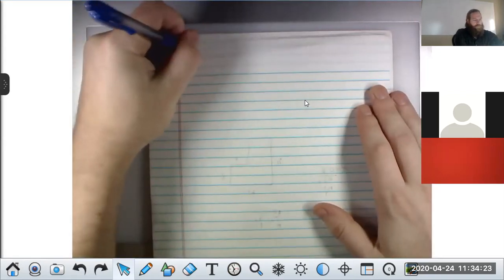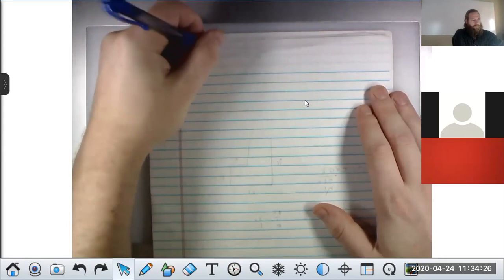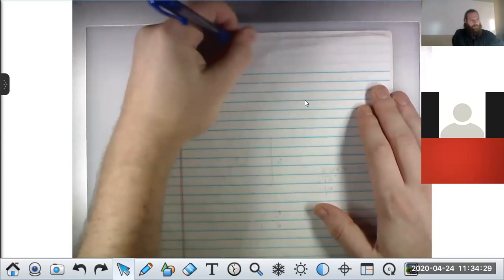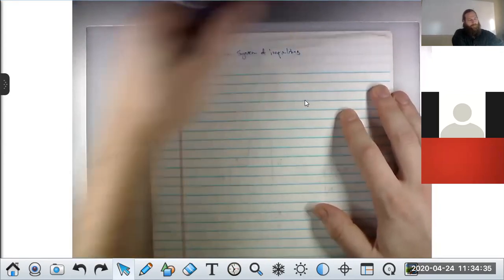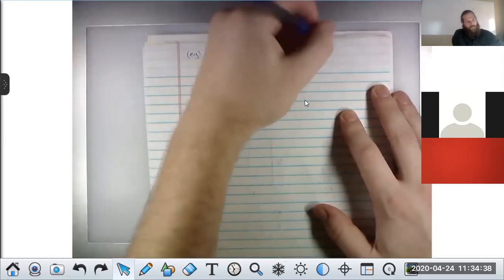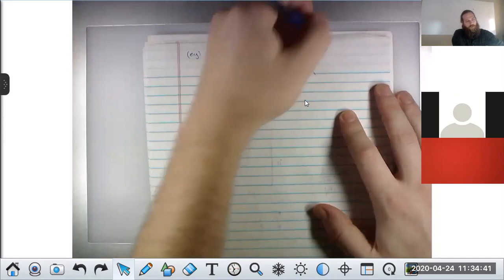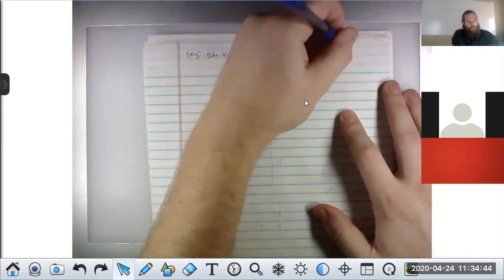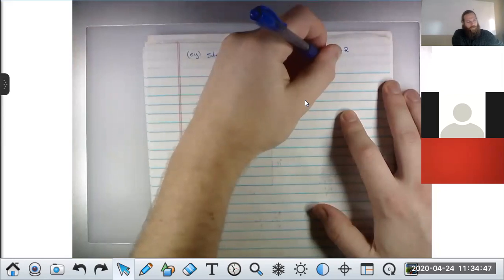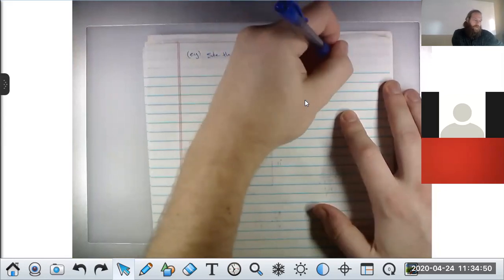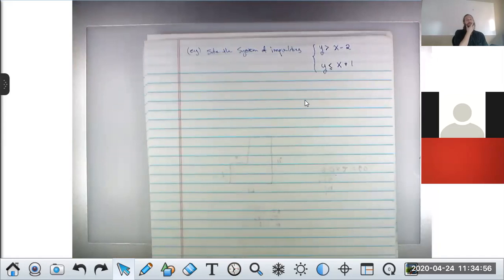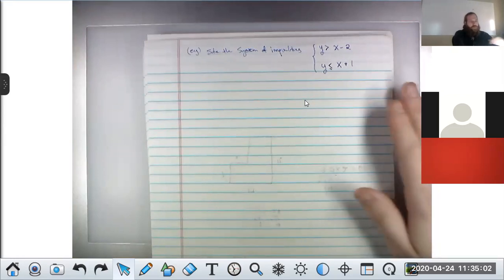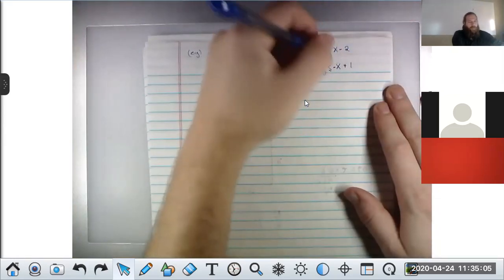So let's solve the system of inequalities: y is greater than, how about x minus 2, and y is less than or equal to x plus 1. Actually, let me change this to a negative x plus 1. Yeah, let's do it like that.